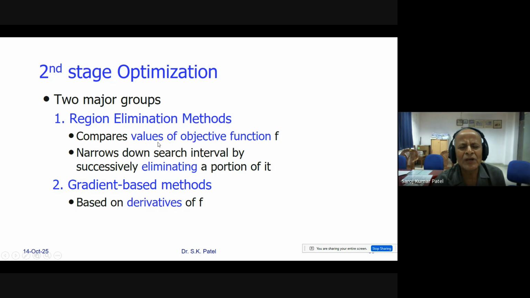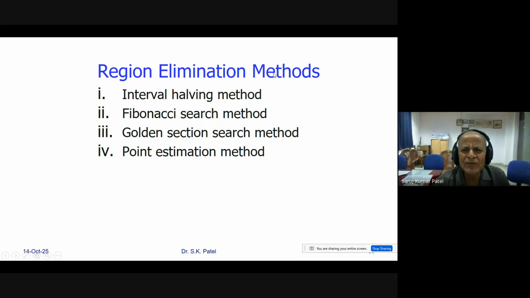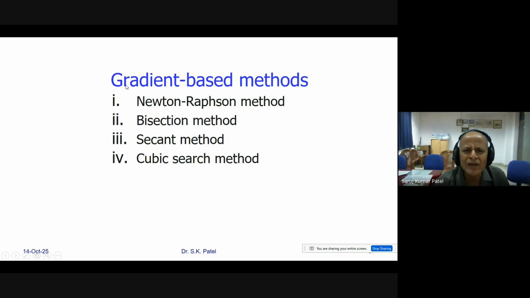You calculate only the value of the objective function, compare, and eliminate a portion of the interval to reduce it. But in gradient based methods, you have to find the value of the derivative of f. In region elimination, we have these 4 methods: interval hopping method, Fibonacci search method, golden section search method, and point estimation method. In gradient based methods, we have the Newton-Raphson method, bisection method, secant method, and cubic search method.